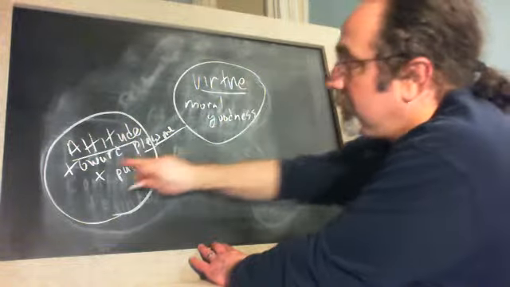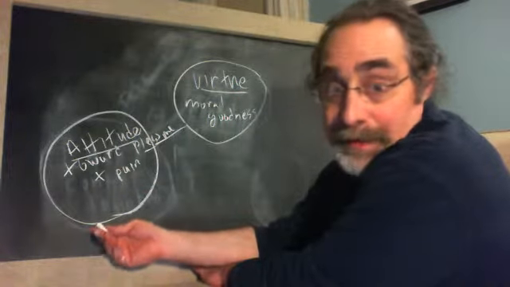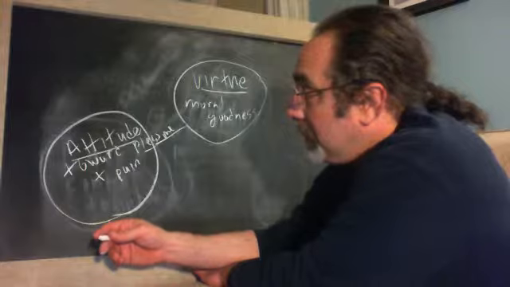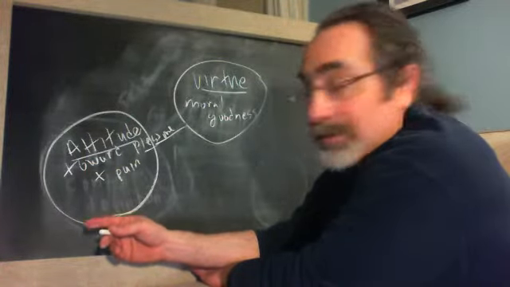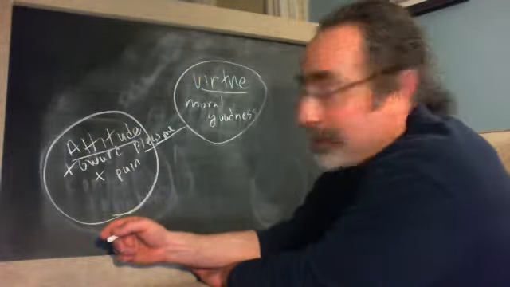here's virtue, and then you need to write something in here about what the idea is about an attitude toward pleasure and pain. And what Aristotle says is that moral conduct is defined in terms of a person's attitude toward pleasure or pain, having the right attitude toward pleasure or pain.